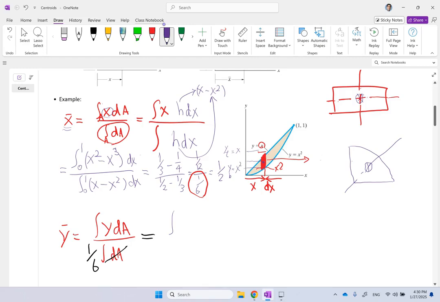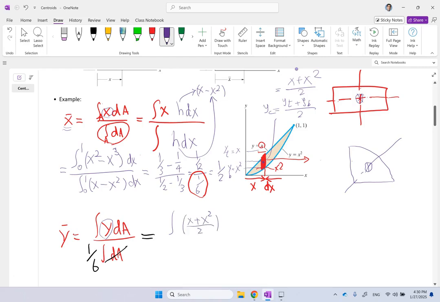And this point here, y of this centroid, is the average of y of the top plus y of the bottom over 2, because that's the middle point. So it is going to be x plus x squared over 2. So can I replace that with this guy? If that's the case, this is going to be x plus x squared over 2.